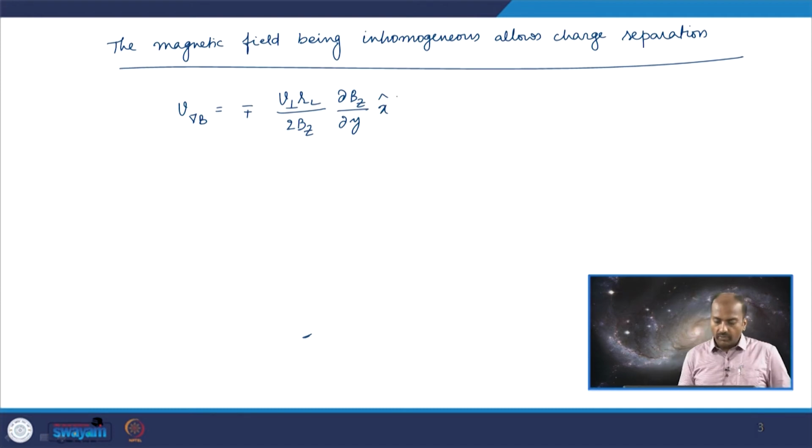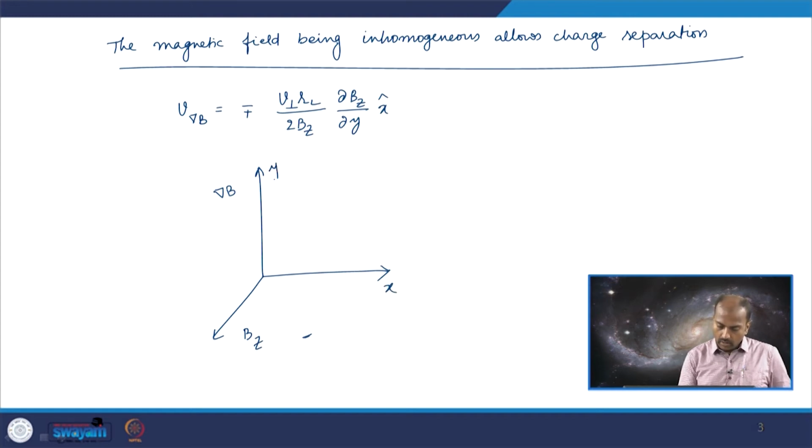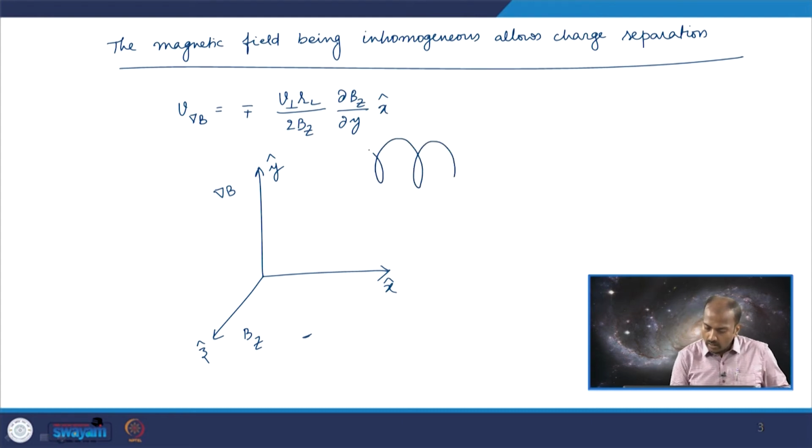Now for the given configuration of having the gradient along the y direction, so del B is in this direction, and B, being just one component, is in this direction. Right. For this configuration, the particle trajectories will look something like this.